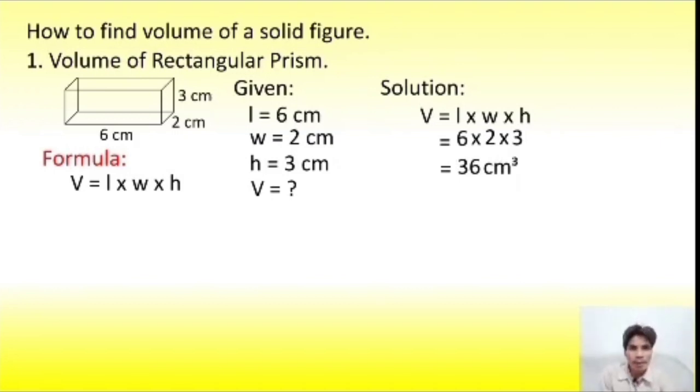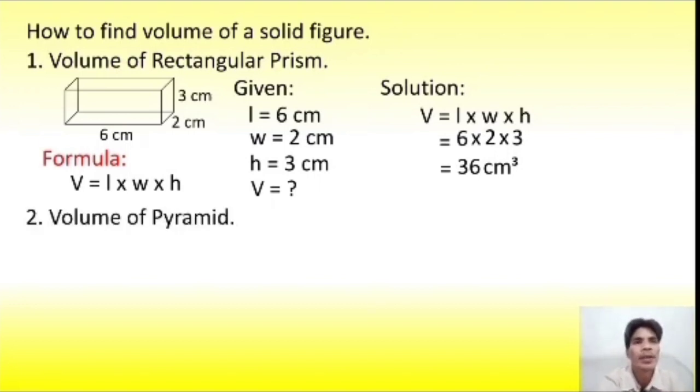So, the volume of a rectangular prism whose length is 6 cm, the width is 2 cm, the height is 3 cm is 36 centimeter cube. So, ganoon po ang pagkuha ng volume of a rectangular prism.